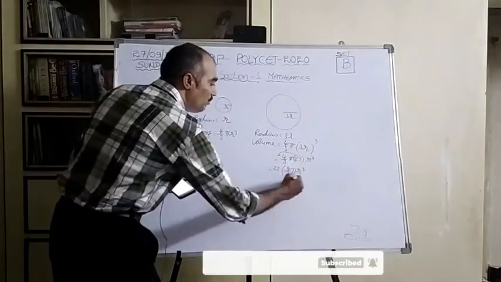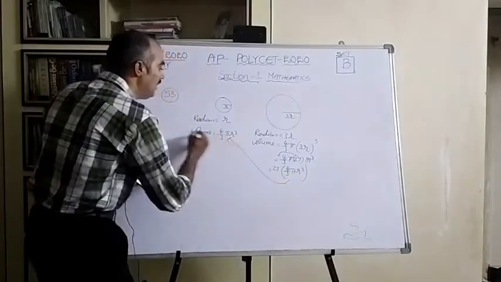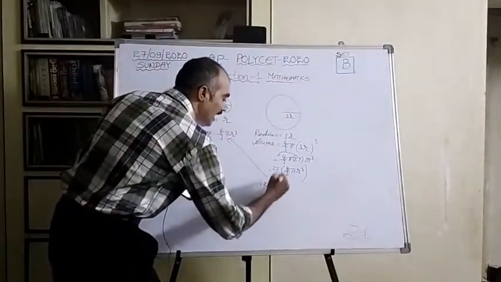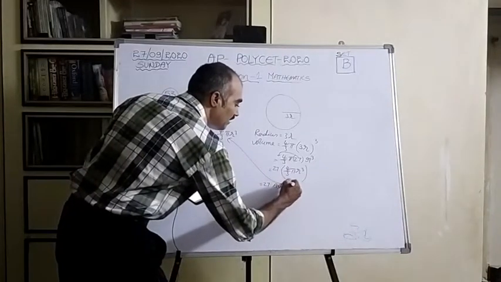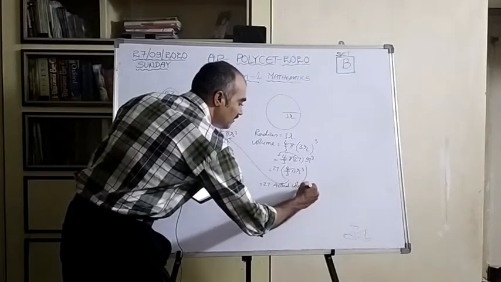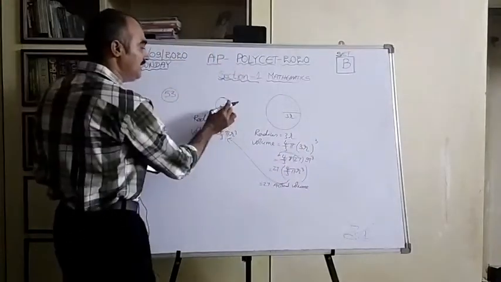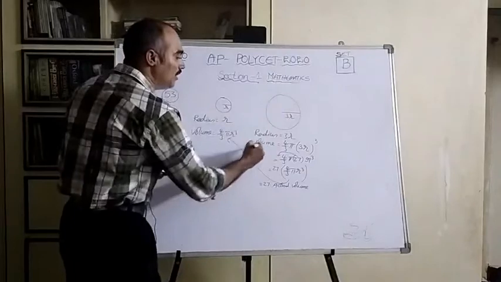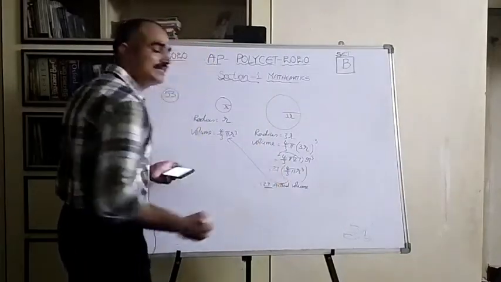But this 4 by 3 pi r cube is nothing but actual volume. Therefore here this is 27 times actual volume. That means if r is just increased by 3 times, volume is increased by 27 times.